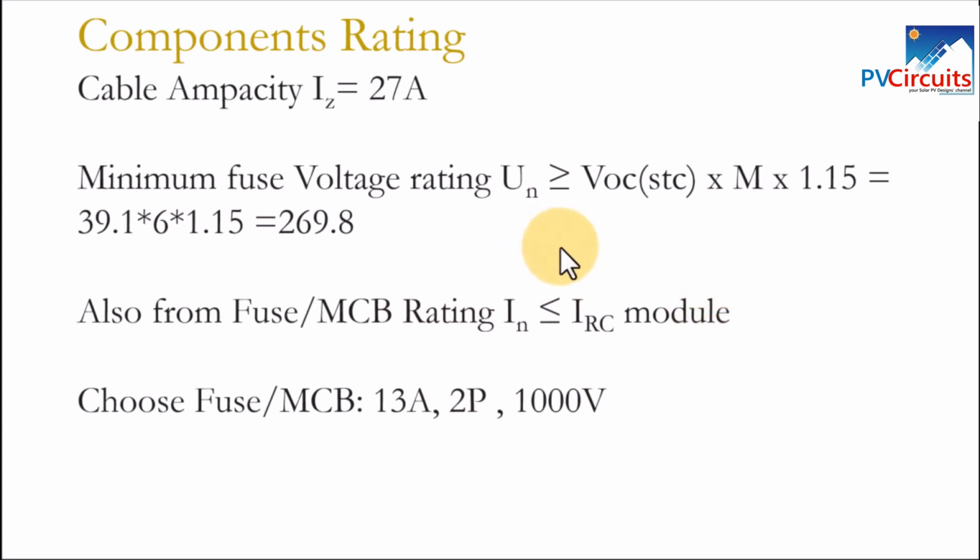So when we calculate, we find that the rating of the fuse or MCB should be less than or equal to the reverse current rating of the module, and the fuse that we select from this condition is a 13 amp 2-pole at 1000 volts.